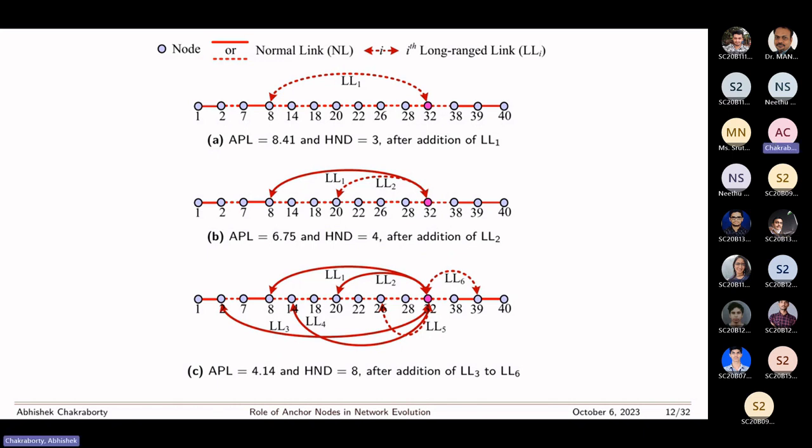Say for example, if you have an n node network, for a fully connected n node network, how many links should be there? n into n minus 1 by 2, so it is like n square minus n by 2. For 40 nodes, what will be the total number of links? 40 into 39 by 2, so like 20 into 39, more or less 780 links.